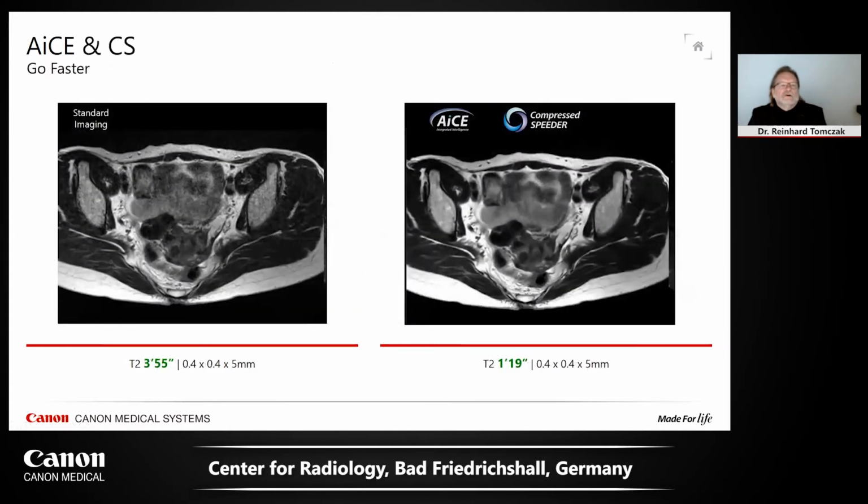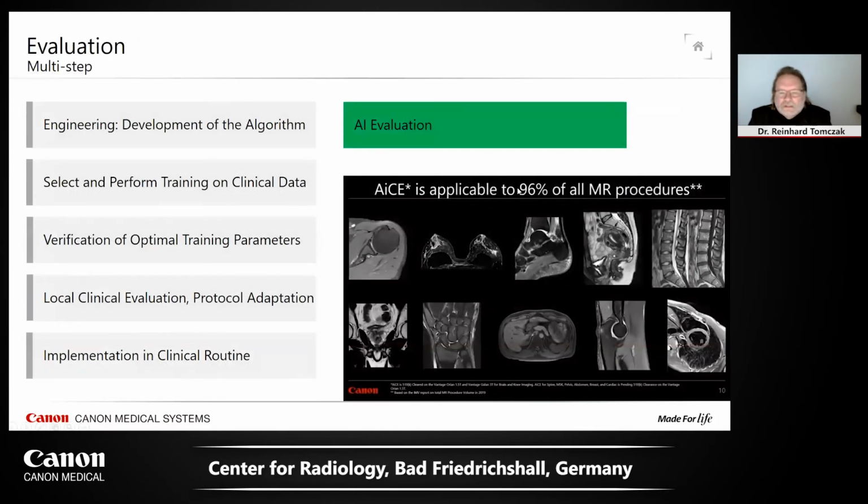An example of a pelvic standard imaging, 3 minutes 59, same resolution, and with AiCE you can bring it down to 1 minute 19, which is terribly fast. It's a multi-step evaluation.